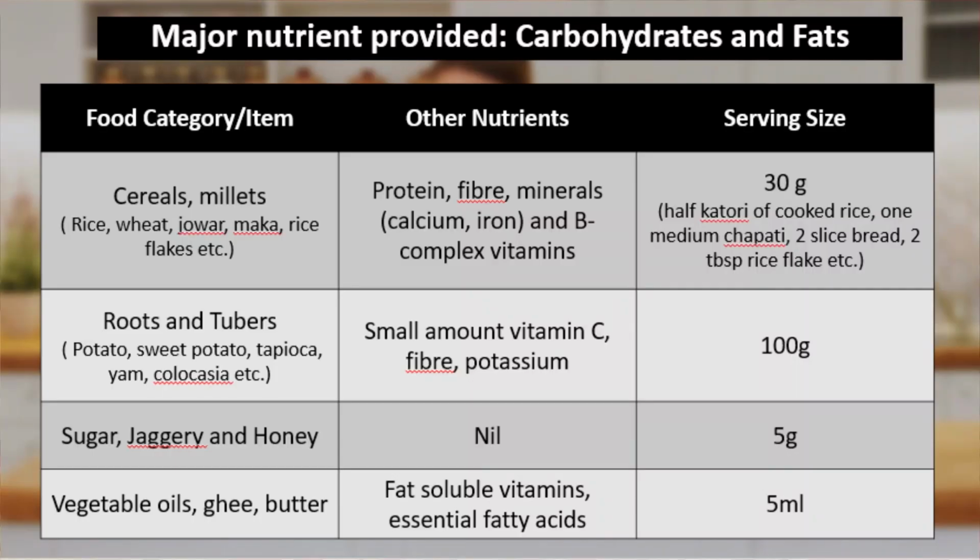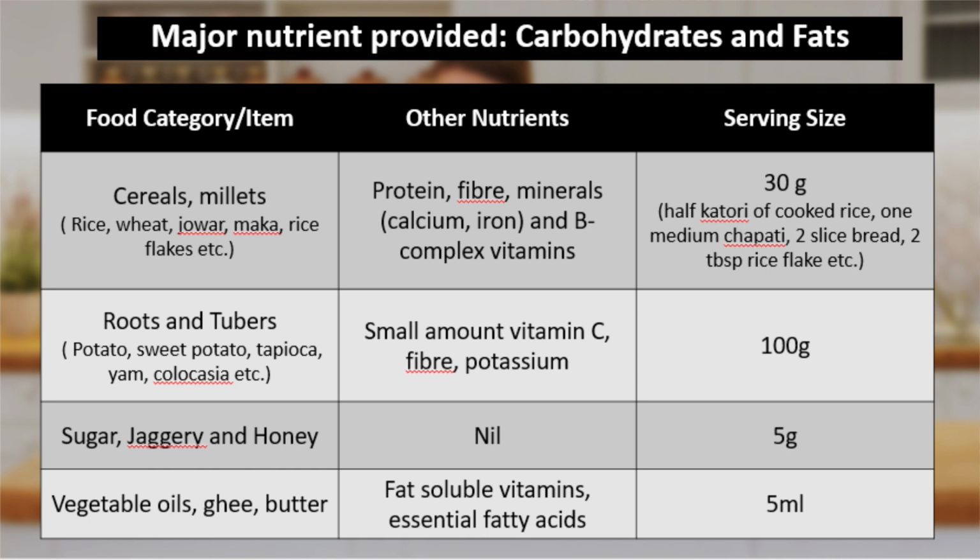The first is the cereal and millet. As you've already seen, rice, wheat, jowar, corn, rice flakes, all these are items within the cereal exchange or cereal category. And you know by now that cereals provide mainly carbohydrate. In addition to carbohydrate, they may contain protein, fiber, minerals like calcium, iron, and the B complex vitamins.